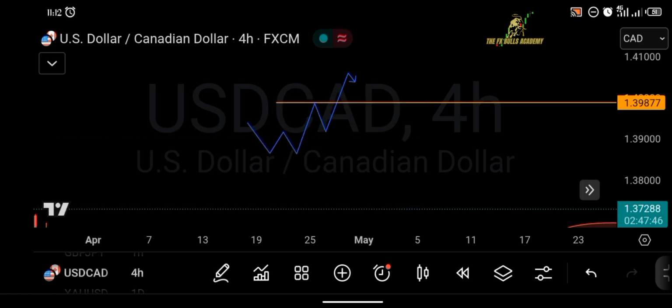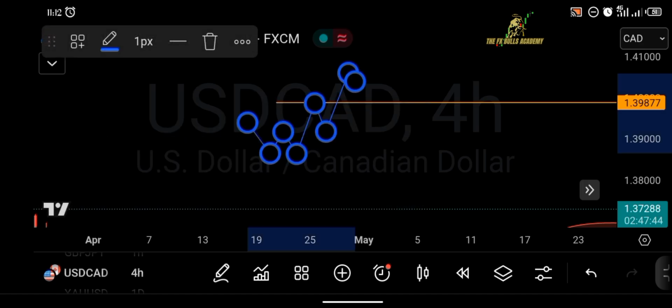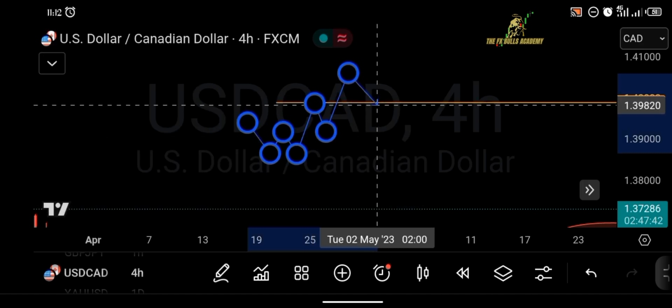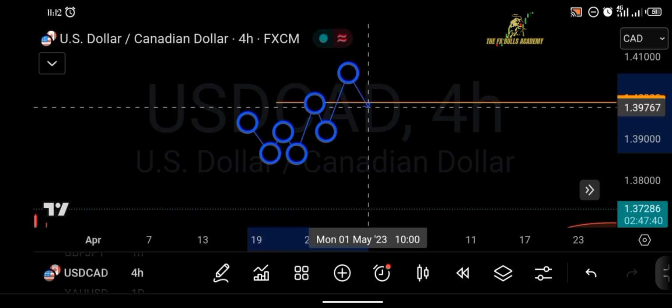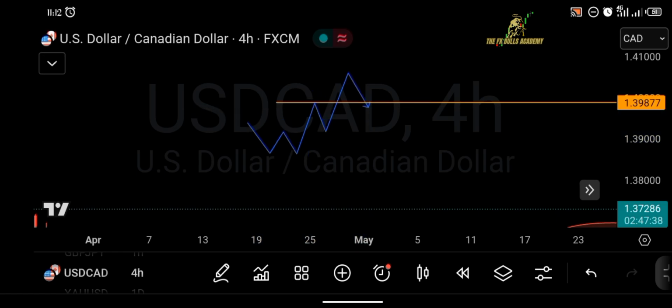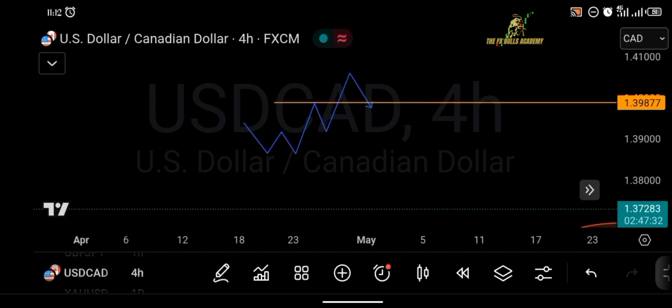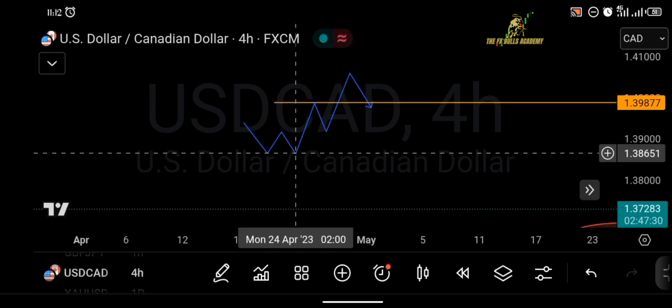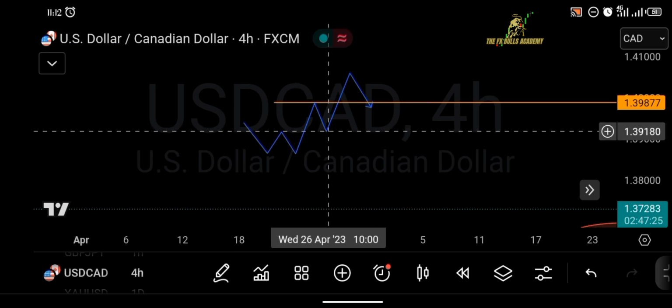So now if price comes back to this resistance and fails to push back up at this resistance point, there is still another support you have that can push the price back up, which is the trend line support. So now as you can see, this one is a lower low, and this one is a higher low.